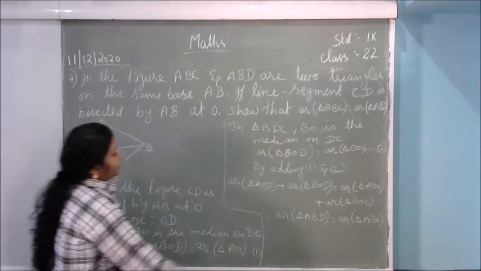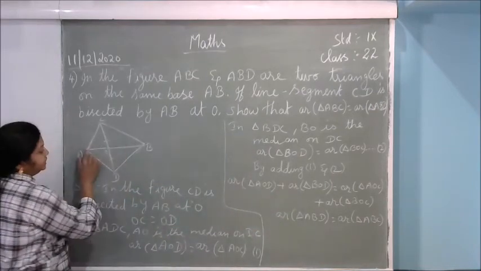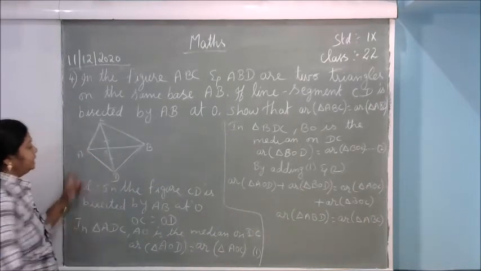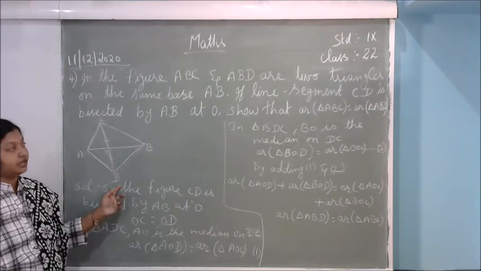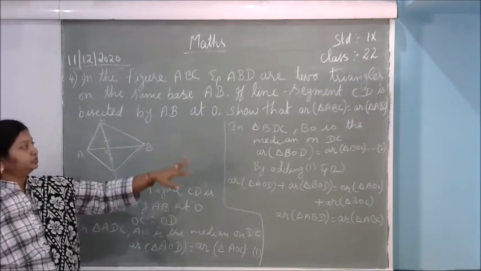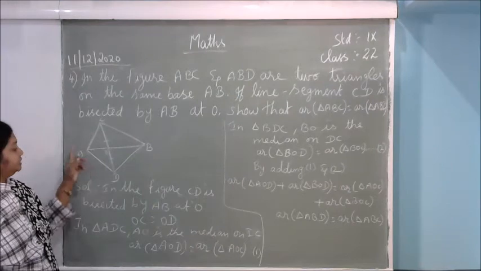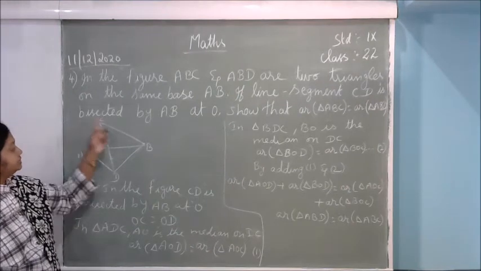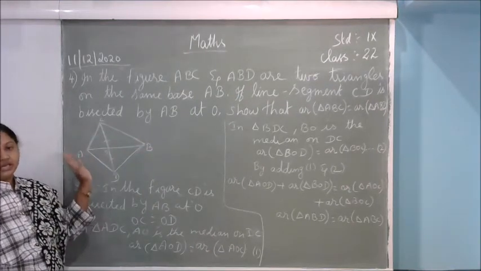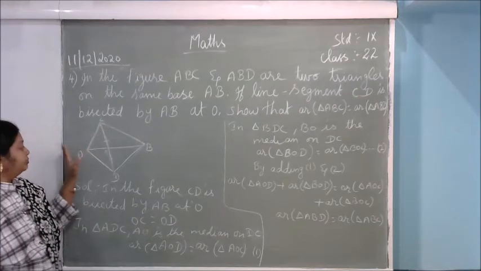If you add this portion, you will get area of ABD, and that is equal to area of ACB. This only you have to give the proof of.